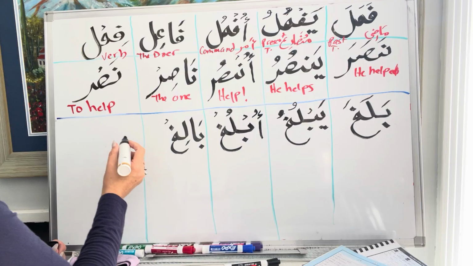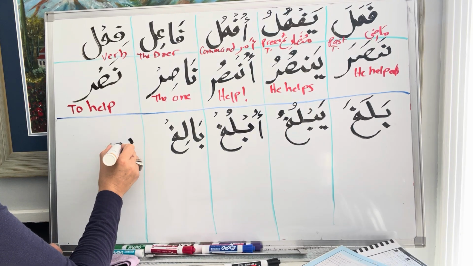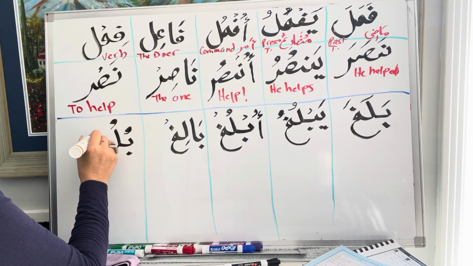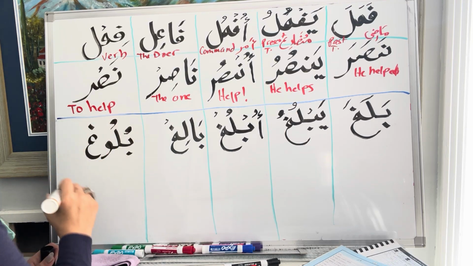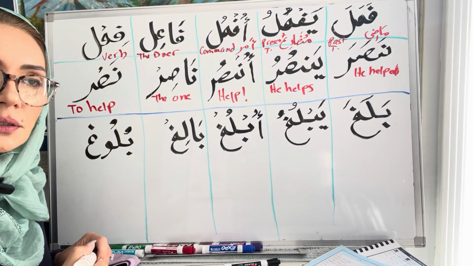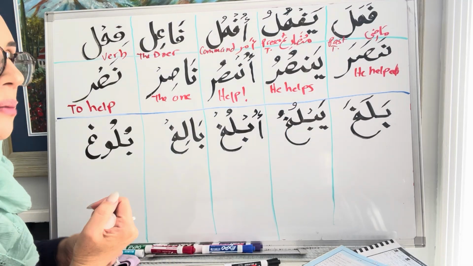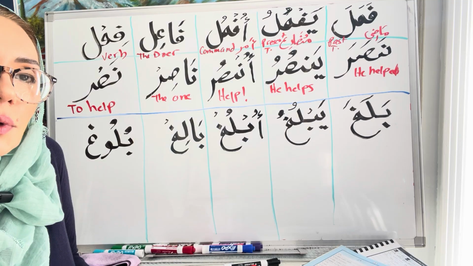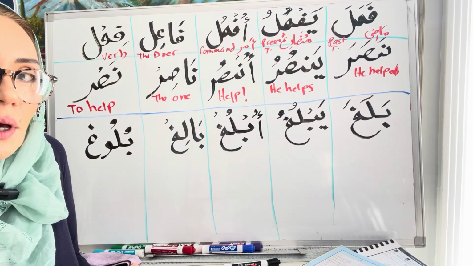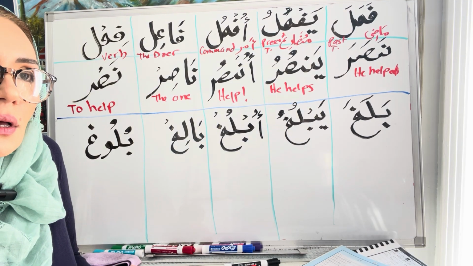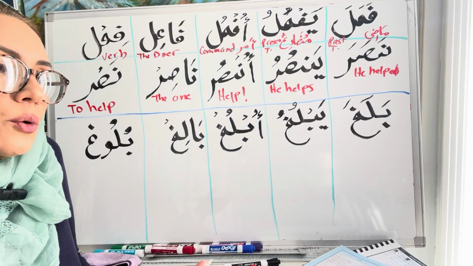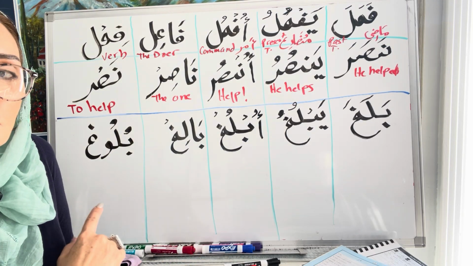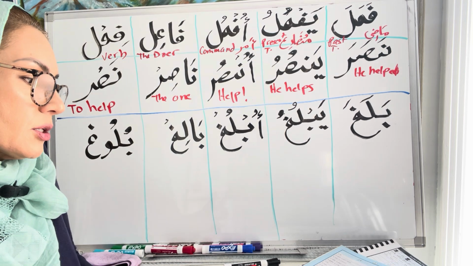It becomes bulugh. Remember, we kind of mentioned this yesterday. I said sometimes, we did for the word dhahaba. When we came to the actual fa'il, it was dhahib instead of dhahab. So here again, it changes a little bit. So this becomes bulugh.